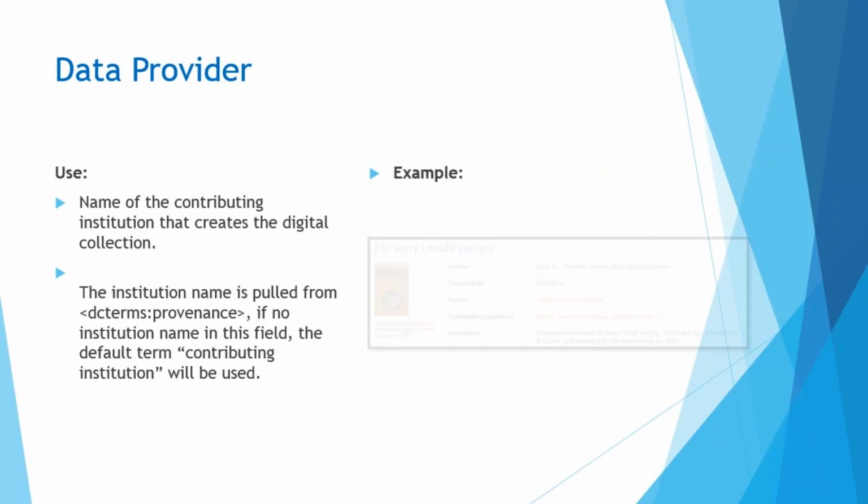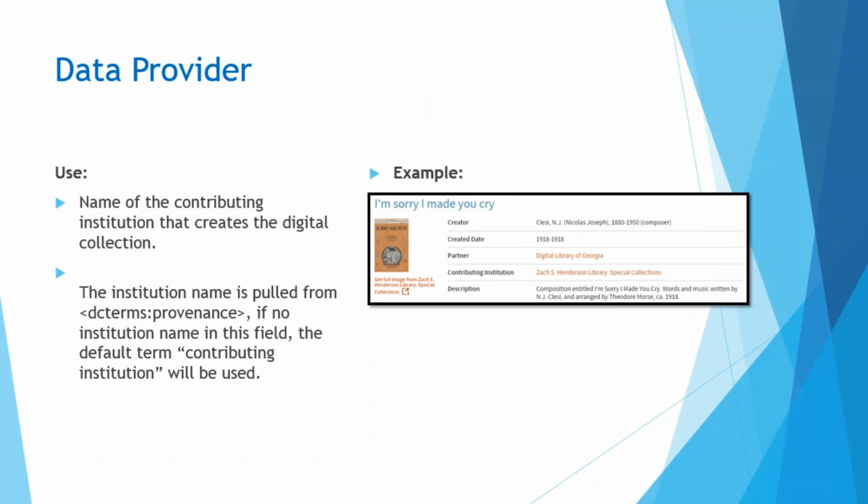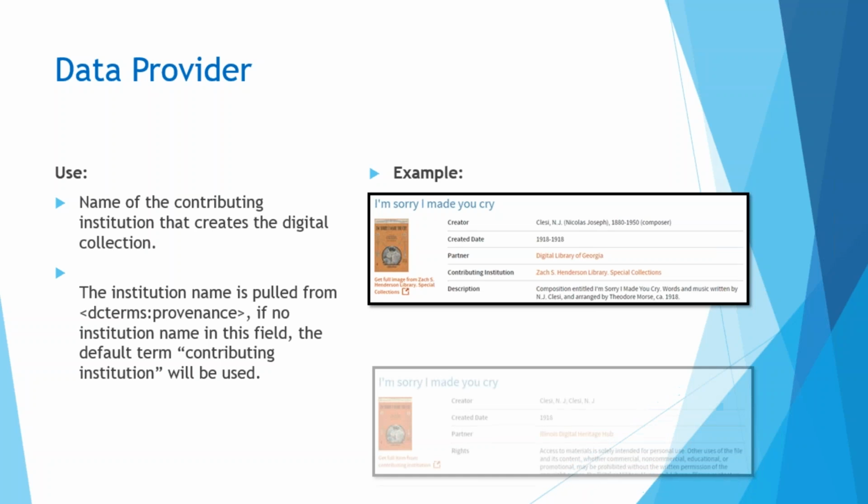So, data provider. The data provider field is both required and repeatable. This field is used for the name of the contributing institution that has created the digital collection to which the resource belongs. The name of the contributing institution will be seen on the link that DPLA provides under the image thumbnail in the user interface, such as the top example.